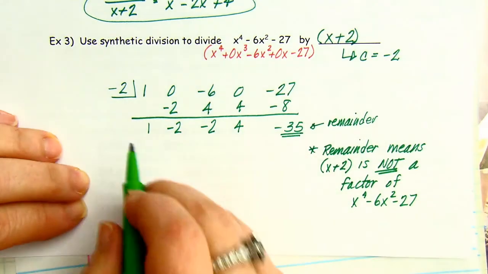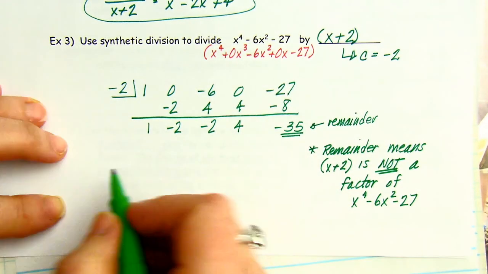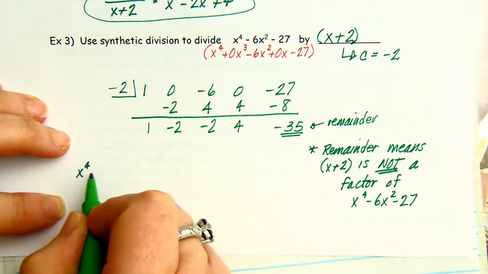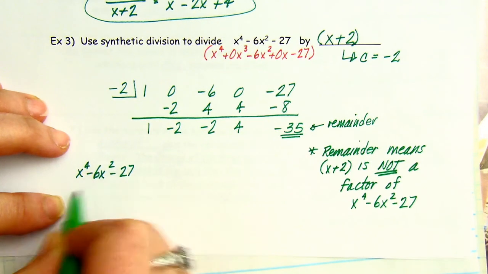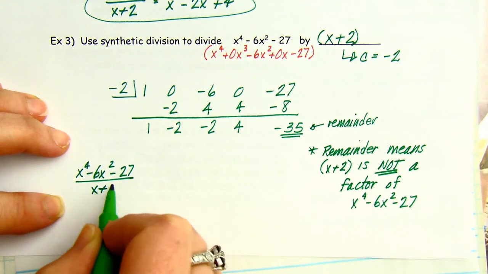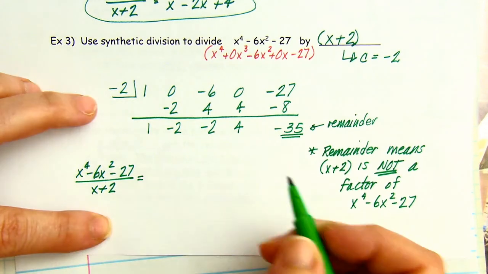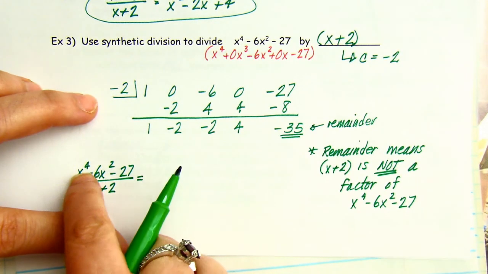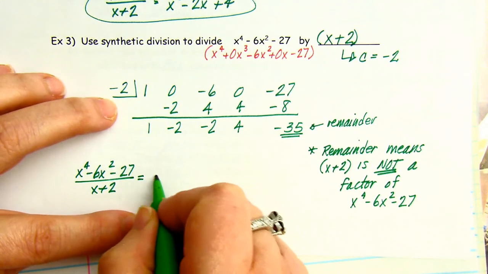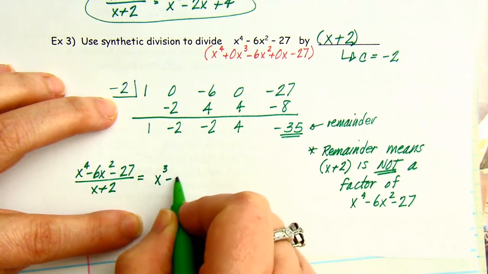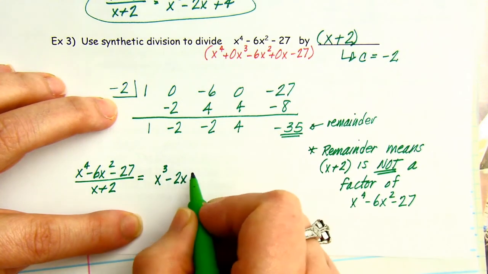The quotient here, now notice, and you can write it like this. X to the power of 4, subtract 6x squared, subtract 27, divided by x plus 2, that quantity. Started out as fourth power. This is the coefficient of the cube term. So that's 1x cubed, subtract 2x squared.